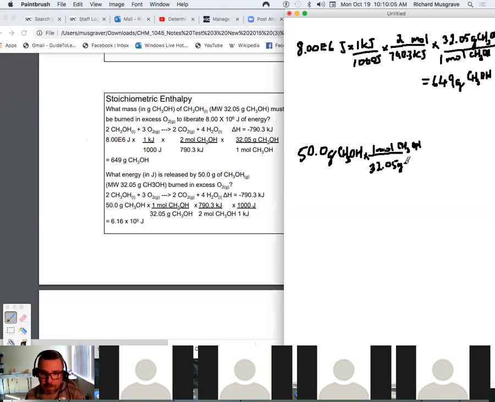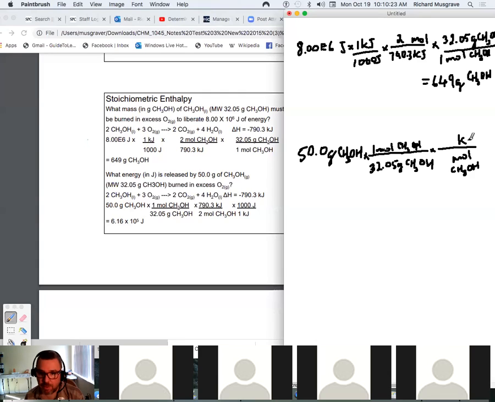So that's how much 1 mole weighs. And the reason I'm doing this is because I want to get these grams to cancel. I've got moles here, and I know in the next step the moles have to be on the bottom. So moles of CH3OH have to be on the bottom.